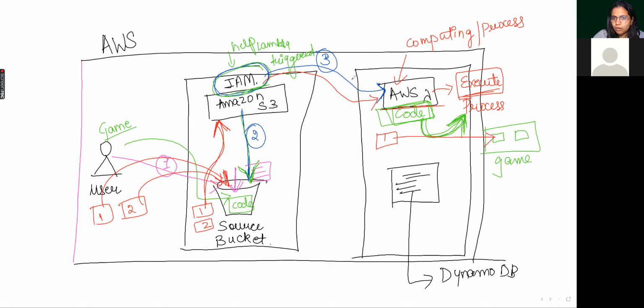Done. Now again, AWS Lambda requires your second game also. So they will again go to S3 and check, is there any second game inside your S3 bucket, right? If they find it, they will again take that game and execute it. So this process goes on.